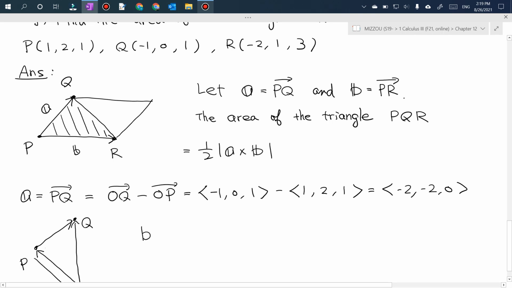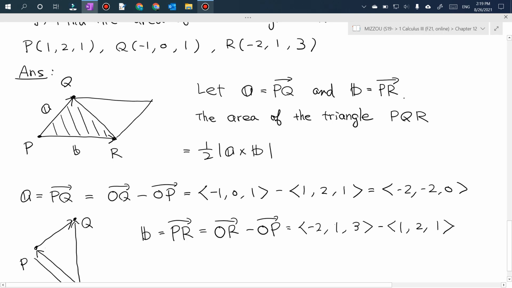So vector B, which is PR, that is OR minus OP, and that is, in this case, R is (-1, -2, 3) minus (1, 2, 1). And then you will see that this is equal to (-3, -1, 2).